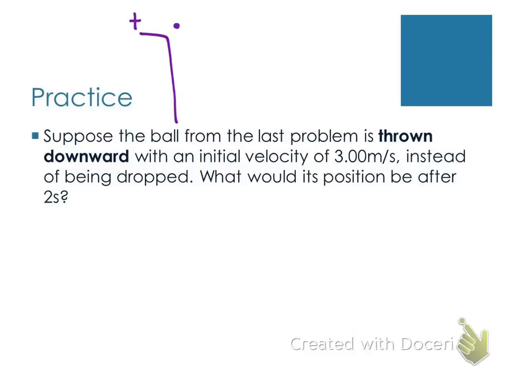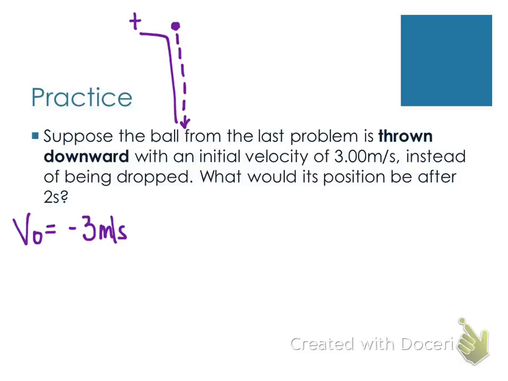Nothing really looks different here, except it has an initial velocity instead of a 0 initial velocity. So what's the numeric value, or what's the magnitude of our initial velocity? 3 meters per second, but one more. Negative. Very good. It has to be negative 3 meters per second. And why is that negative important? Because it's being thrown down. Yes, because it's going down.